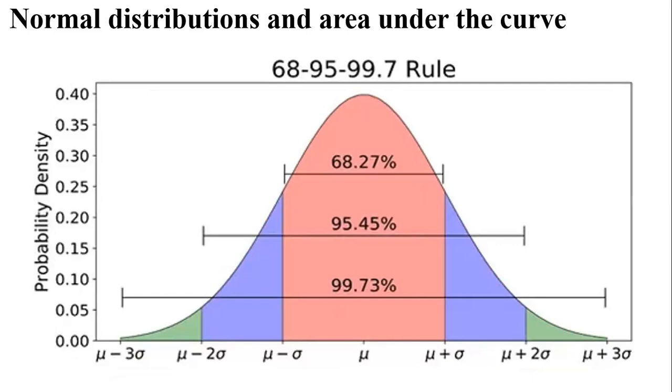That's why I'm taking the mean minus the standard deviation and the mean plus the standard deviation. So you will see the area occupied by this rule is 68.27, 95.45, and 99.73.